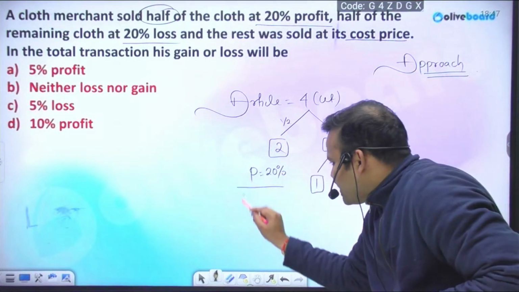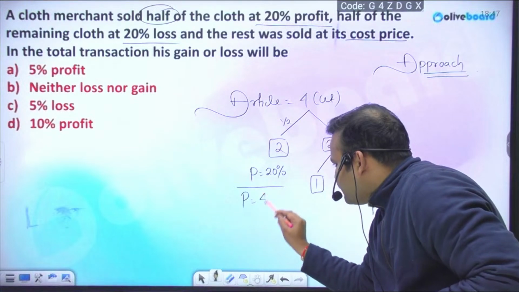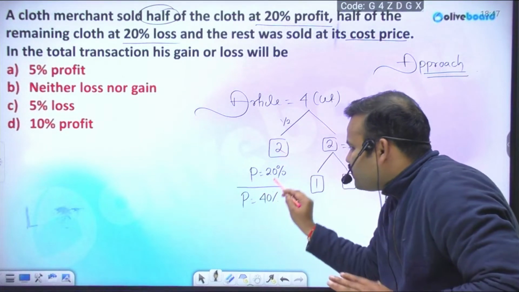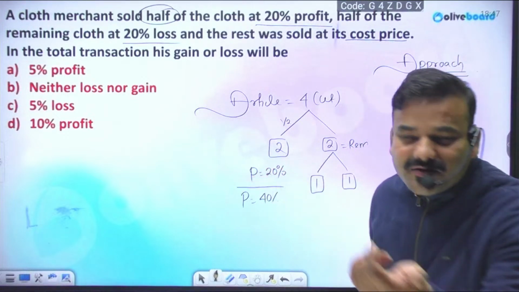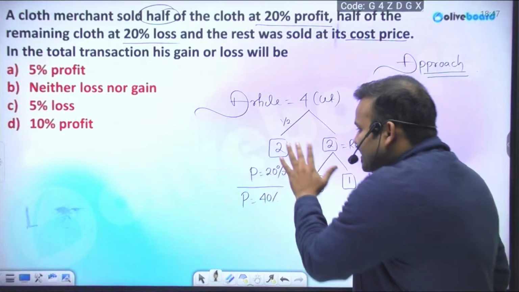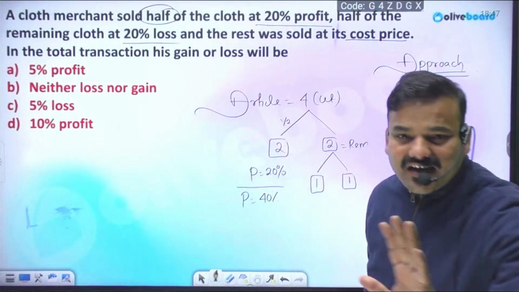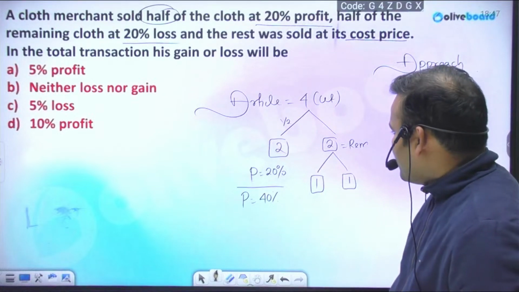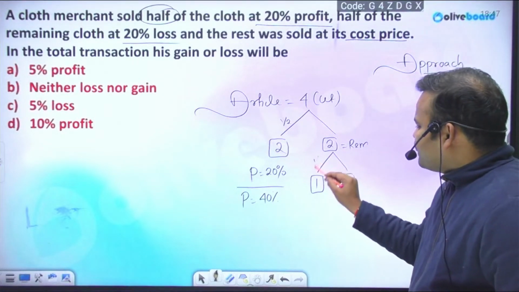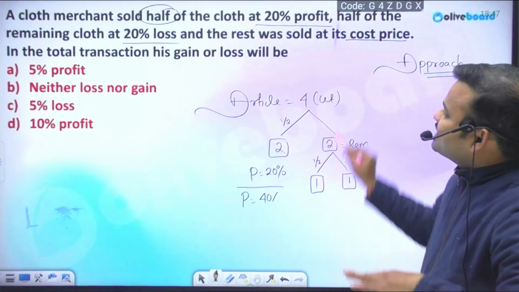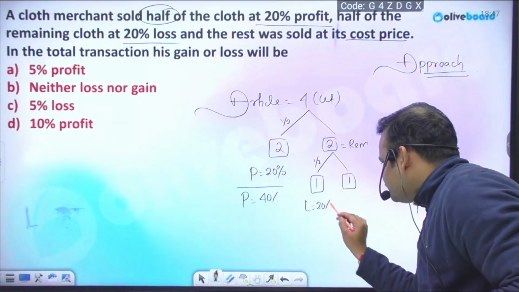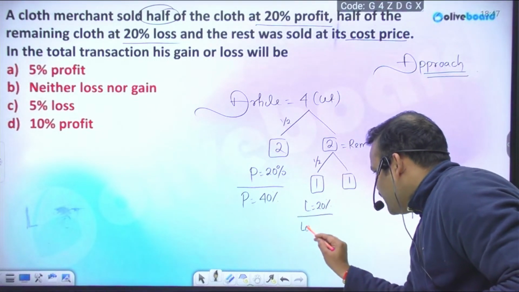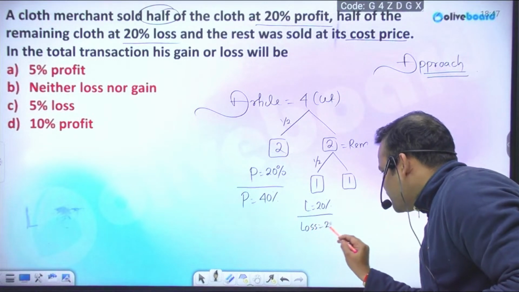That means he is making a total profit of 40 over here, 40 being 2 times 20. Had it been 5 articles, 5 times 20, that is 100 profit. Had it been 17 articles, 17 into 20, so this is the entire profit he is making. And half of the remaining article is 1. This particular article he is selling at 20% loss, so here there is a loss of 20 on one article.